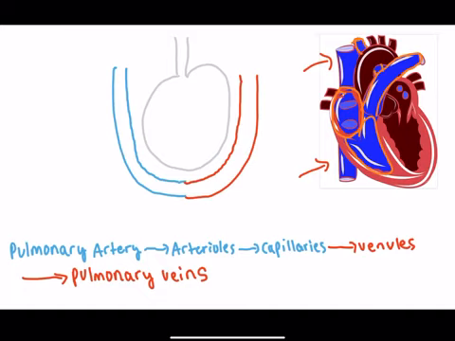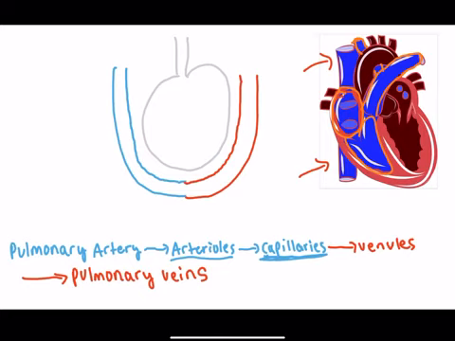Remember, we talked in the last video about how the pulmonary arteries branch into arterioles, which are even smaller blood vessels than arteries, and then even smaller blood vessels, which are the capillaries. The arterioles branch into capillaries near the lungs so that oxygen and carbon dioxide diffusion can be much easier and more efficient.